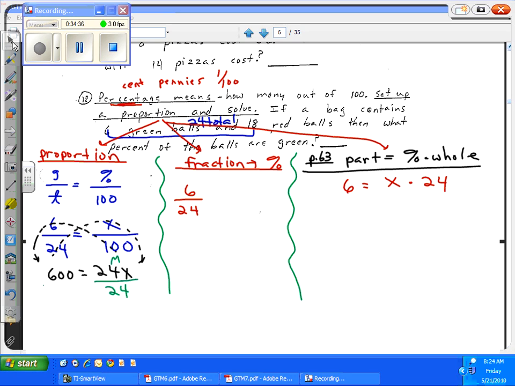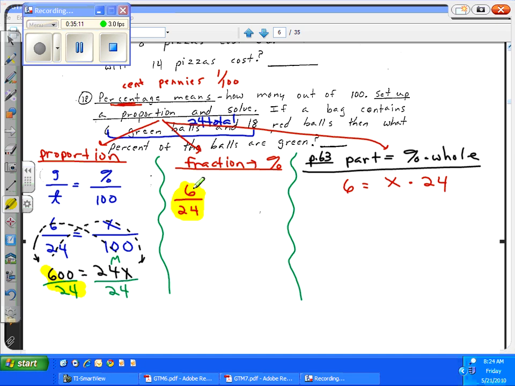I then would undo multiplication by division. If we have x equals 600 divided by 24, do you see the 6/24 there? Let's kind of leave that hanging so we can visualize there. Six 24ths times 100. And here we see 6/24.